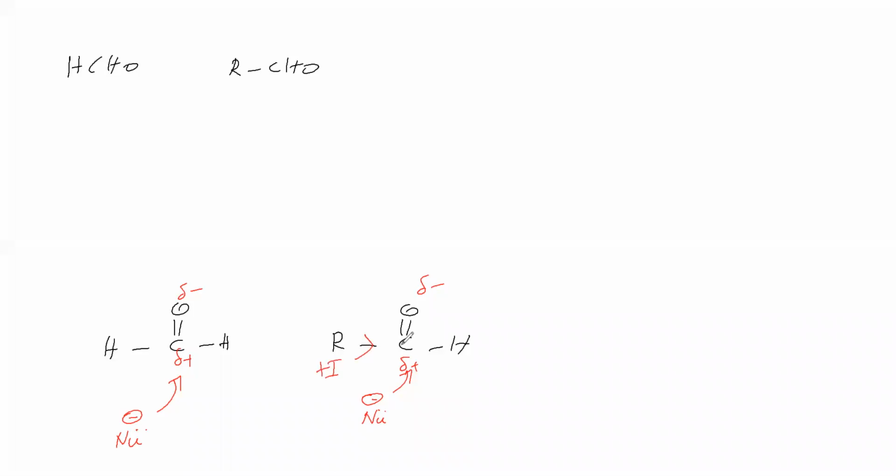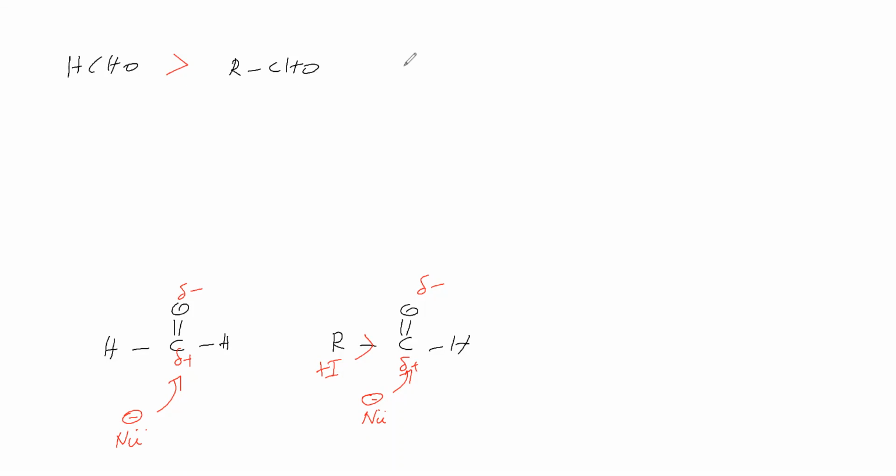Therefore, this carbon is getting some electron cloud from the R group, so electron density becomes high and the electrophilic nature becomes low. But in formaldehyde the electrophilic nature is high. So the nucleophile attacks easily here, whereas less here. Therefore, formaldehyde undergoes nucleophilic addition with higher tendency when compared to aliphatic aldehyde.